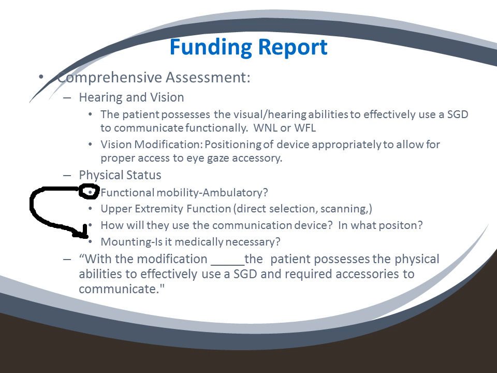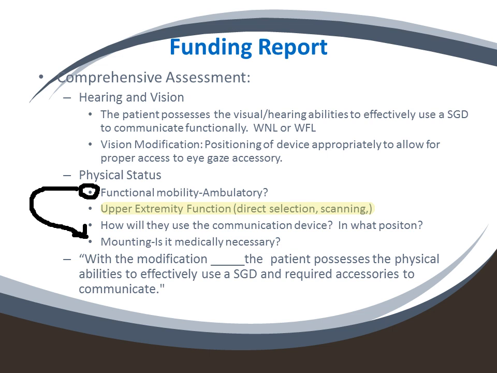Upper extremity function, that's going to be important because you're noting what method is appropriate. If you have to rule in an eye gaze, you have to rule out other methods of direct selection. Scanning is not direct selection.